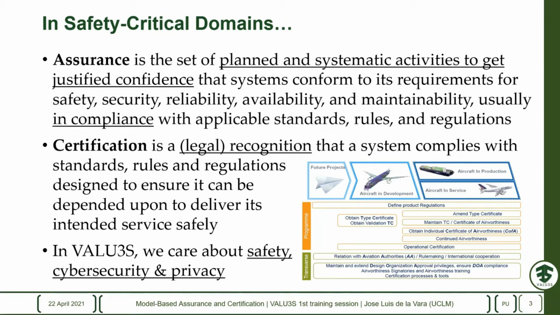And with this picture, what I want to show is that when we are dealing with assurance and certification, these processes affect the whole life cycle of a system, from inception until commissioning. So we are covering all the different stages and activities that affect a system. As I have already mentioned, it affects different aspects of a system: safety, security, and so on.